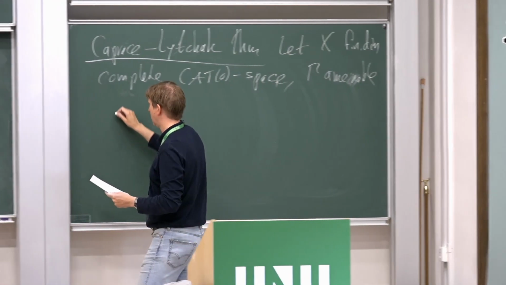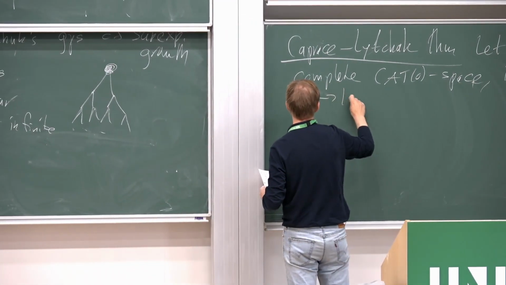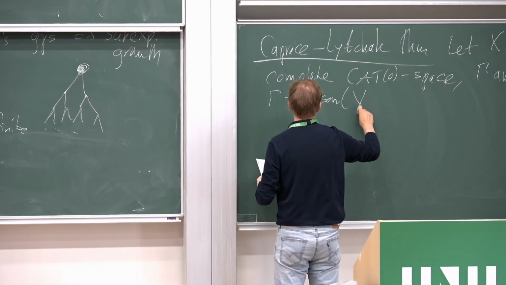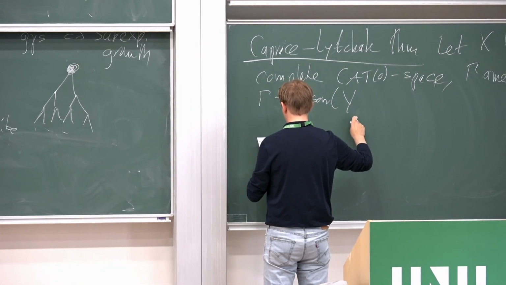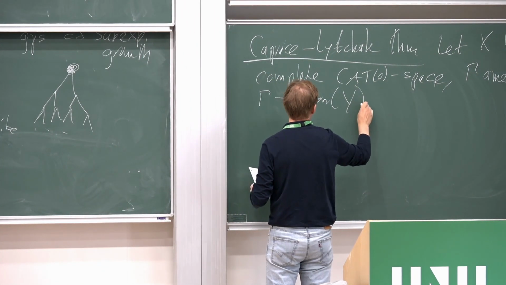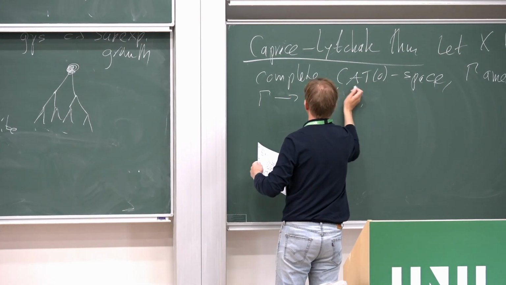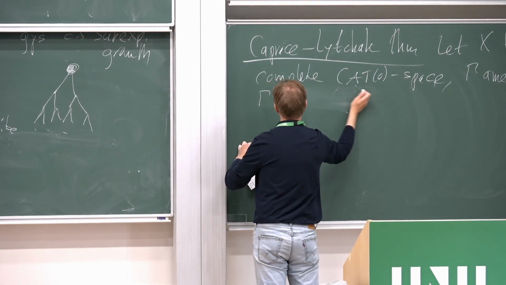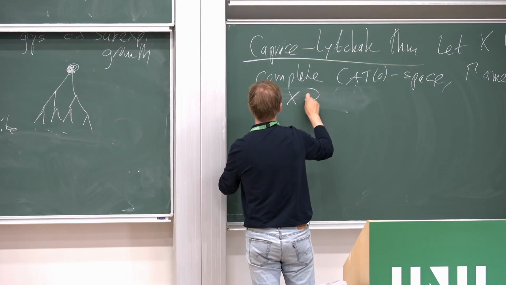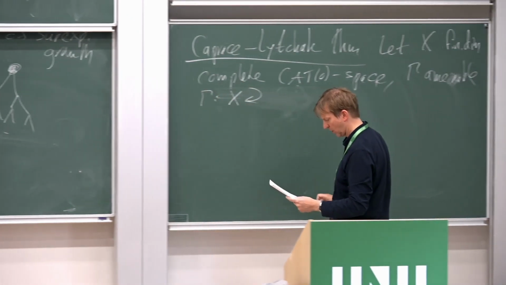Then you have that Gamma acts on a space, say, X. Okay, so let's stick with the same X, and it acts on X by isometry.